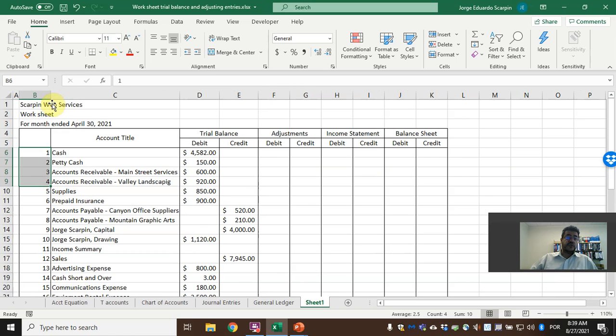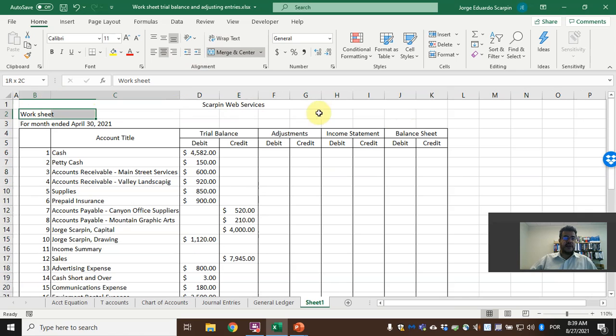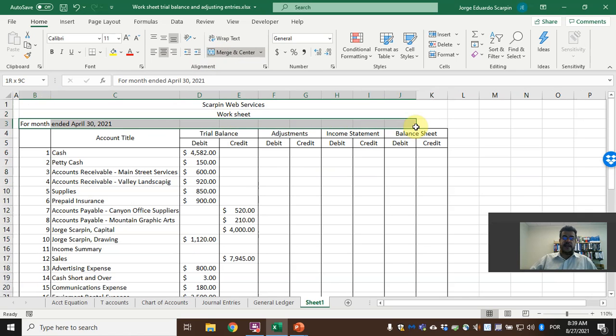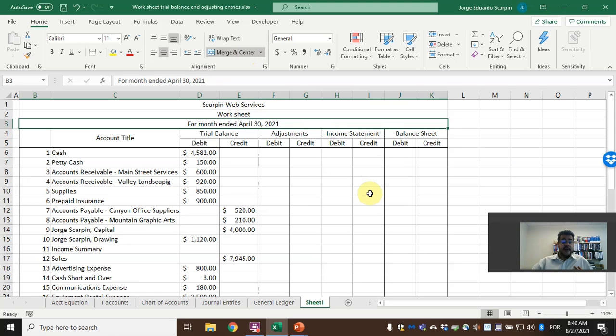So here, let's merge it. For the Scarpin Web Service, our worksheet for the month ended April 30th. So our fiscal year goes from May 1st, 2020 to April 30th, 2021, for instance. And here, all of our accounts.